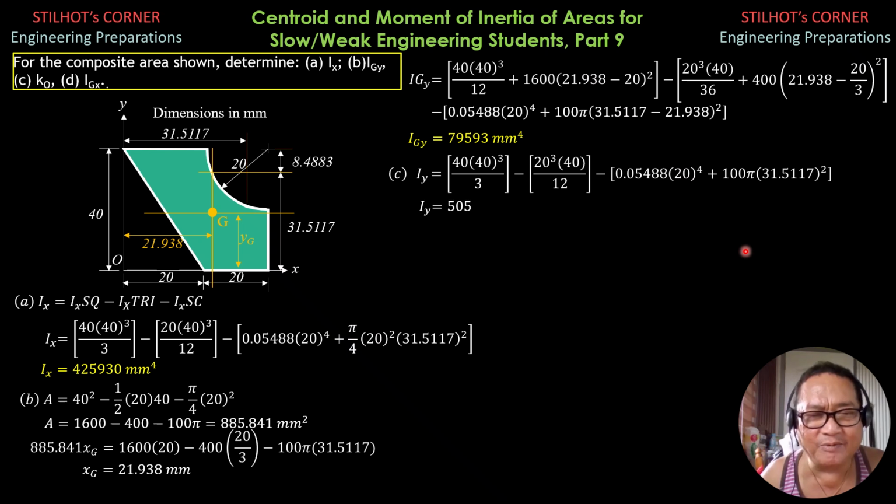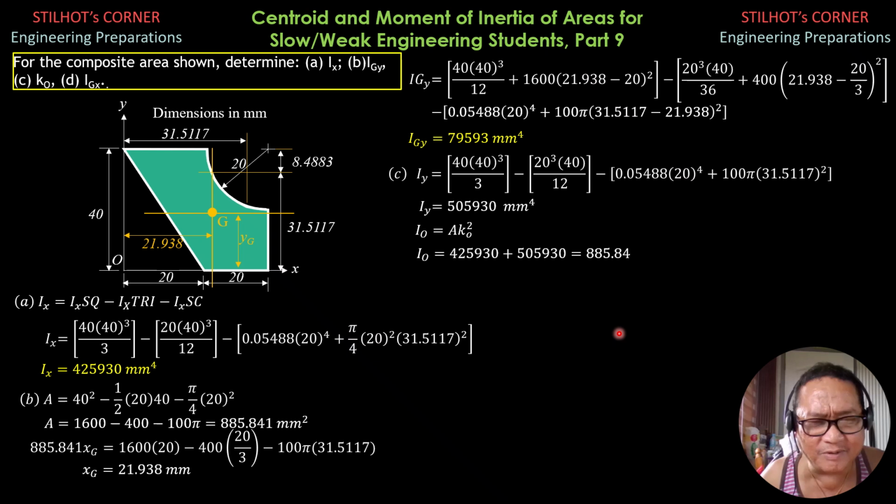Computing Iy is equal to 55,930 mm to the fourth. So Io is area times Ko square, and Io is Ix plus Iy, and it is equal to 425930 plus 505930 equals area, which is 885.841, then Ko square.